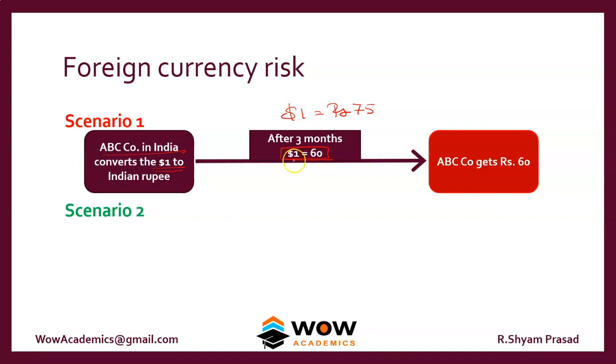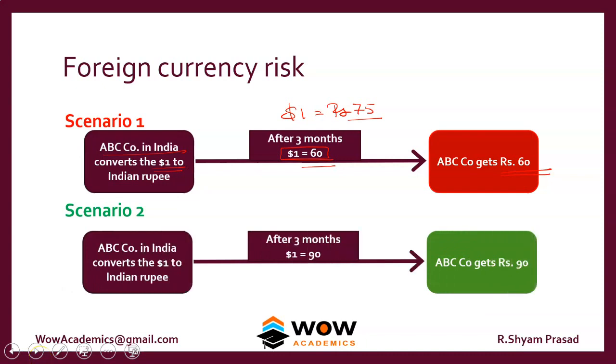The US company has made its part very clear and they have paid the $1. But when converting this $1 at the bank, the Indian company gets only 60 rupees. So now there's a problem here. The company has effectively incurred a loss of 15 rupees because they thought they would get 75, but now they are getting only 60 rupees for a dollar.